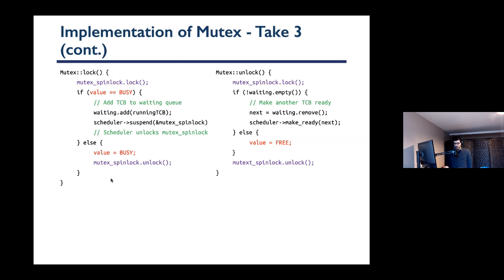In take 3, we have the class mutex, and it has 3 elements: a spinlock, which we'll use to change the state of the mutex; a variable called value that indicates whether the mutex is locked or unlocked; and a waiting queue, which we'll use to put all the threads that are waiting for a locked mutex so that they don't busy wait.